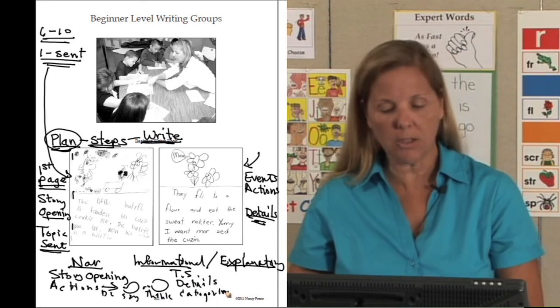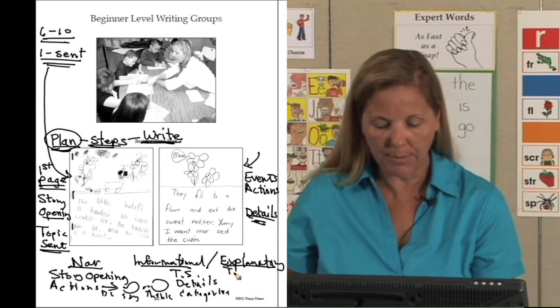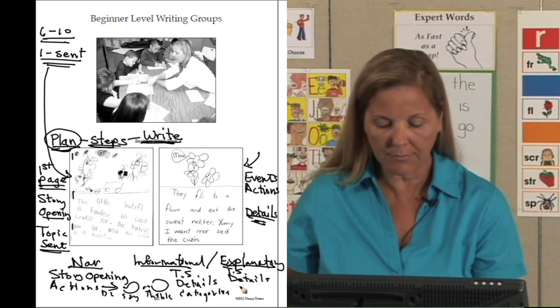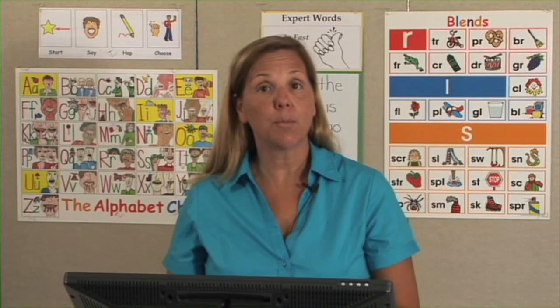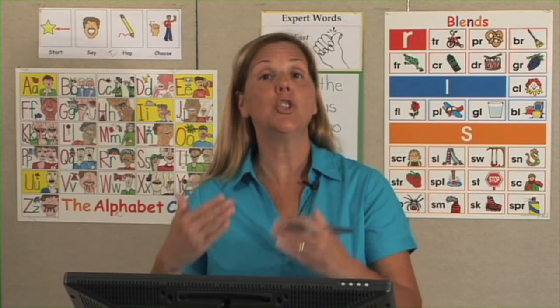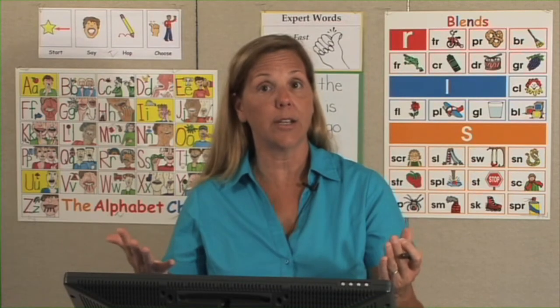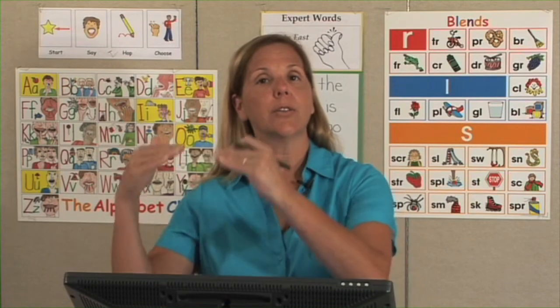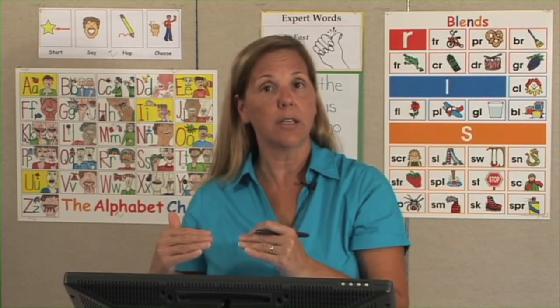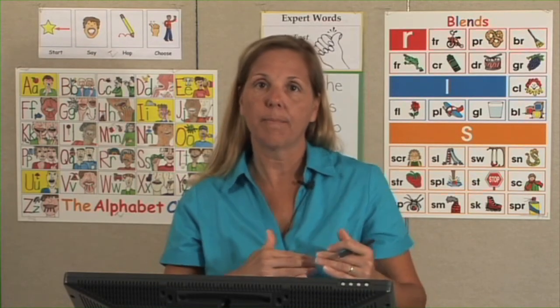If it's explanatory, you will have a topic sentence with details, but those details will have to be sequenced. So in the informational explanatory writing, there's basically two ways to organize the details. After you have your topic sentence, then you're going to organize your details in categories or in a sequence.